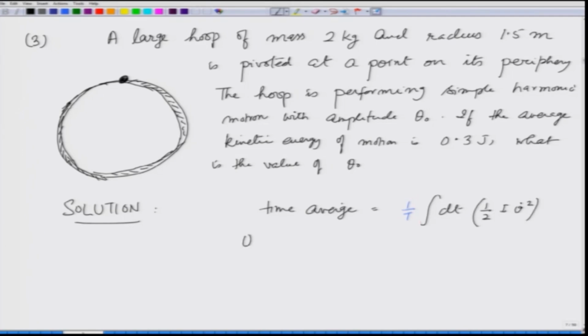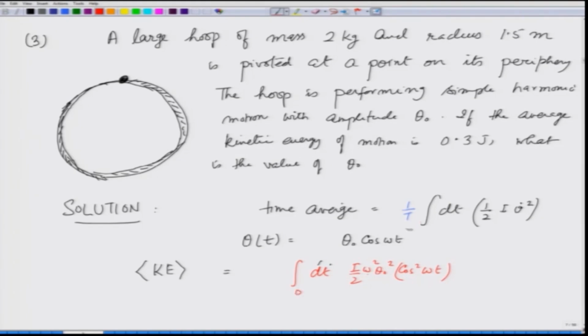Now, since this is performing simple harmonic motion, theta as a function of time would be, let us say it starts from the extreme, theta 0 amplitude cosine of omega t, and therefore, the time average kinetic energy, which I will show by these angular brackets, is going to be integral dt I over 2 theta 0 square cosine square omega t omega square.